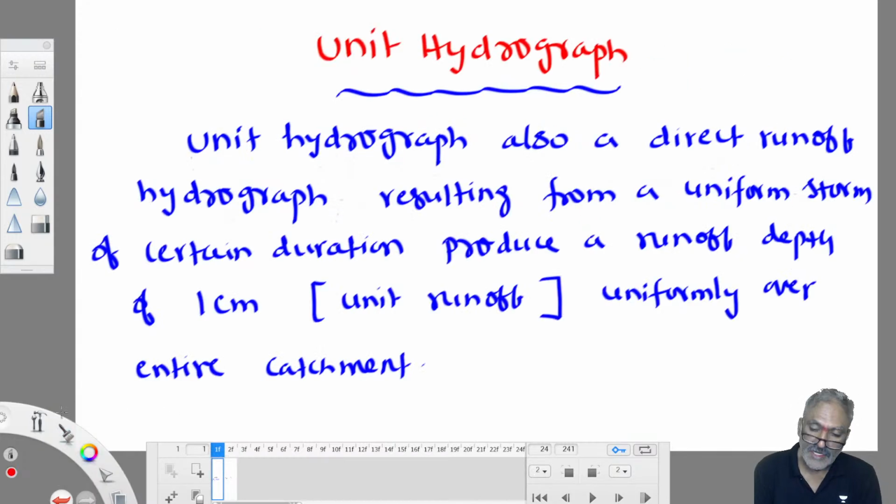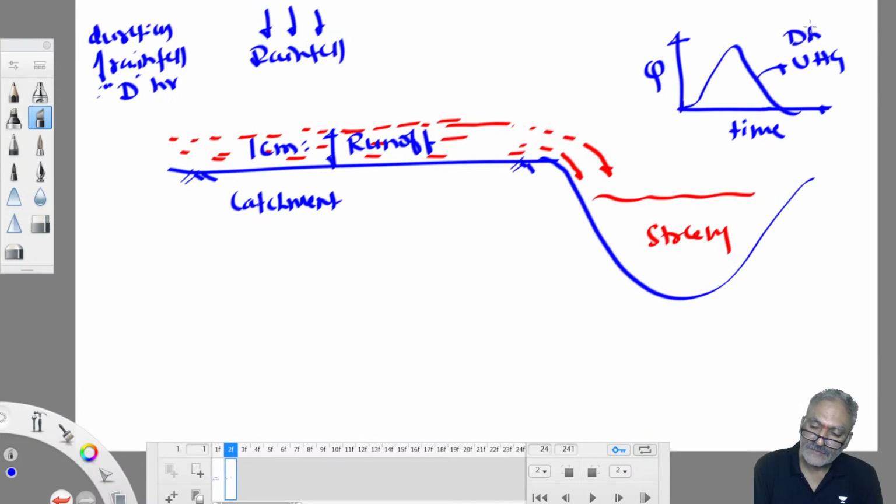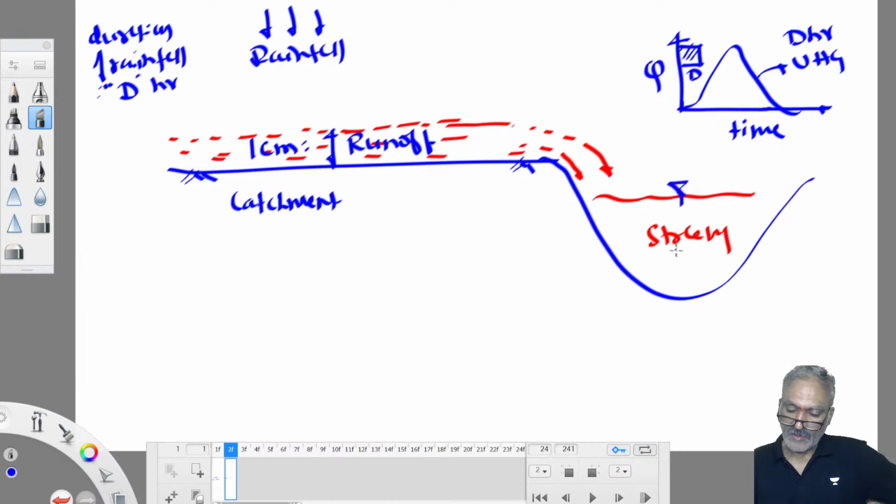Unit hydrograph resulting from a D hour storm. Storm to storm, it may vary, so storm information will be given here. So D hour rain has occurred and produced that hydrograph. We plot how discharge varies with respect to time. 1 centimeter runoff is delivered from a catchment, so that will give the unit hydrograph.